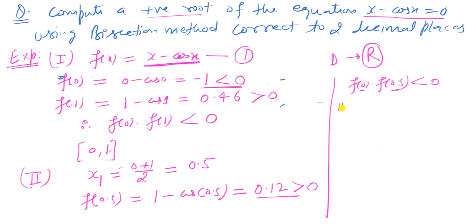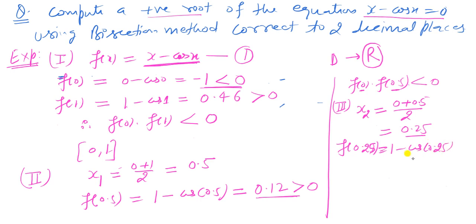Then in step 3 compute the second approximation to the root which is denoted by x2, and x2 is equal to 0 plus 0.5 upon 2 and this value is equal to 0.25, and compute the functional value at x is equal to 0.25, that is f of 0.25 is equal to 0.25 minus cos 0.25 and this value is equal to 0.03 which is greater than 0.